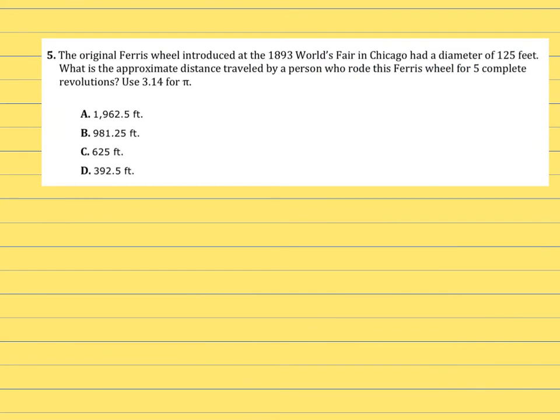Number 5, the original Ferris wheel, introduced at the 1893 World's Fair in Chicago, had a diameter of 125 feet. What is the approximate distance traveled by a person who rode the Ferris wheel 5 complete revolutions? A Ferris wheel, again, is a circle. And it said the diameter was 125.